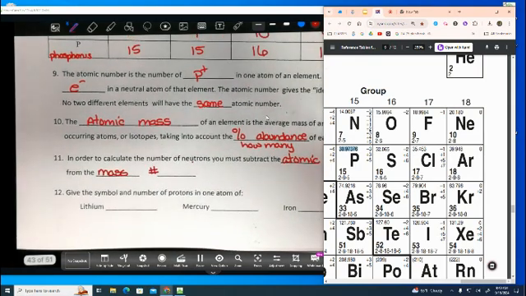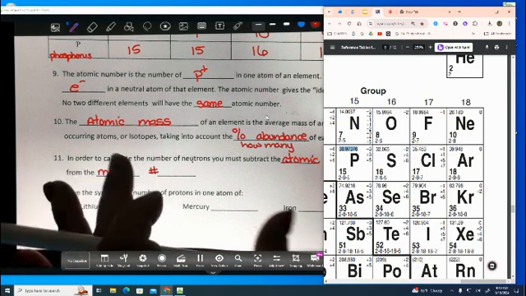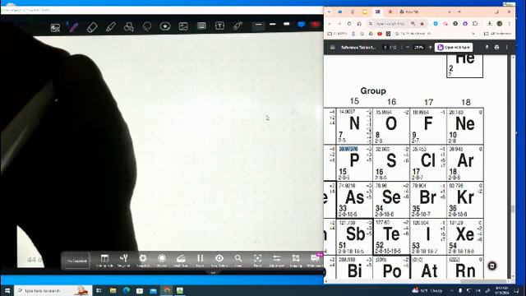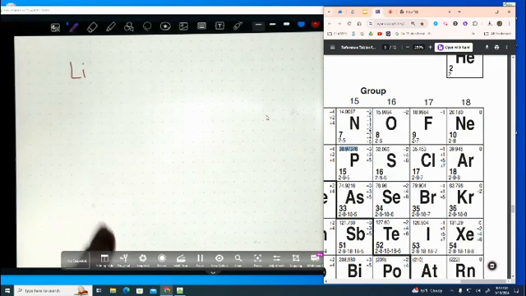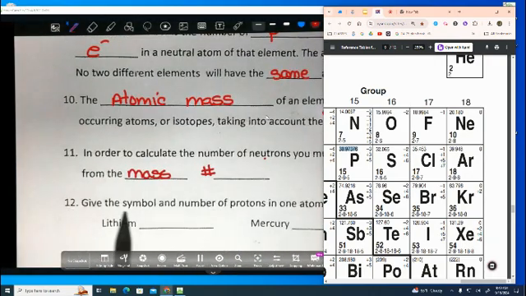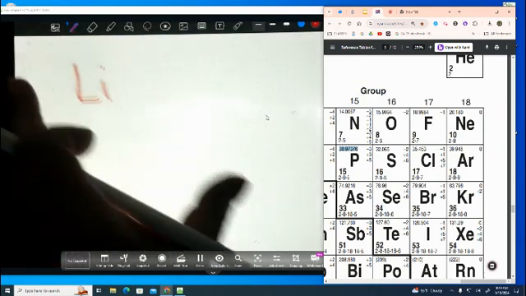All right. Last but not least, give the symbol and the number of protons in one atom, and I want you to write it in atomic notation. I'm going to do this on the next page just because I don't have room. So let's start with lithium. It wants you to write the symbol, which I just wrote for you, I shouldn't have done that, and the number of protons. Where would I write the number of protons?